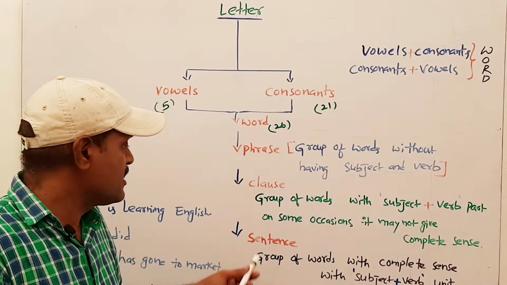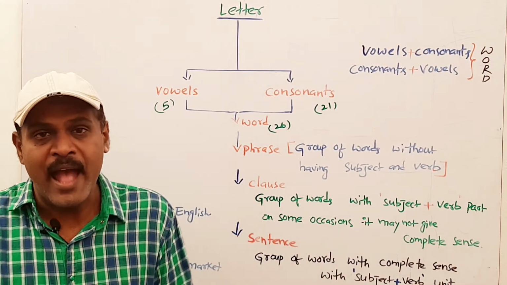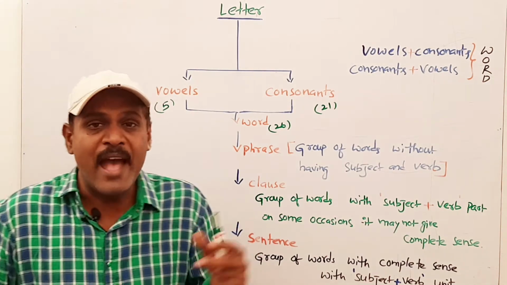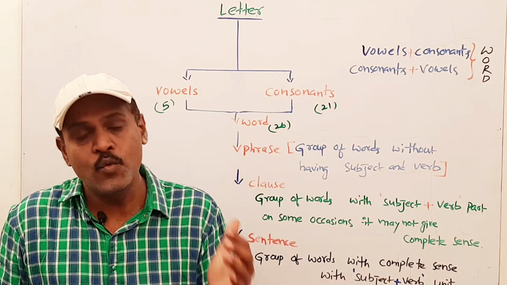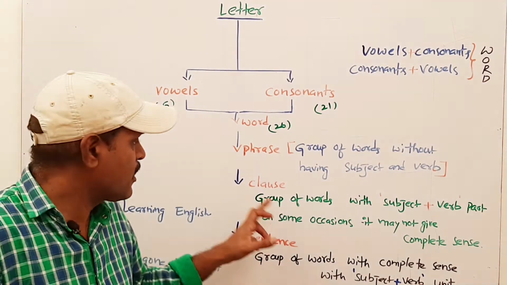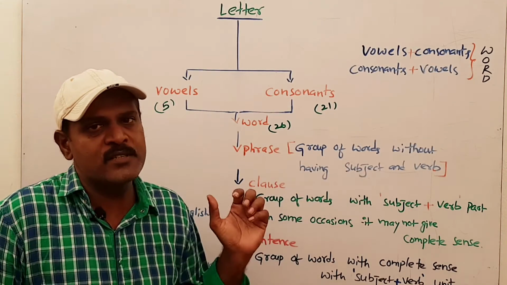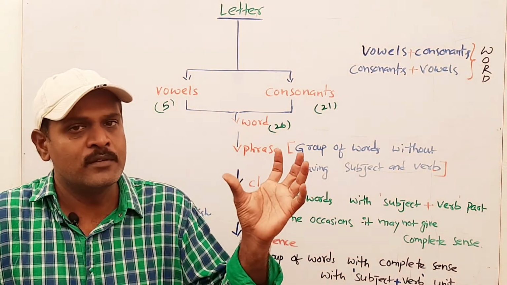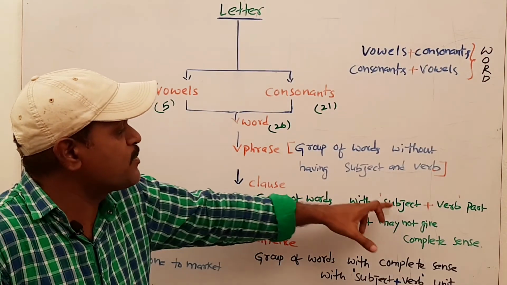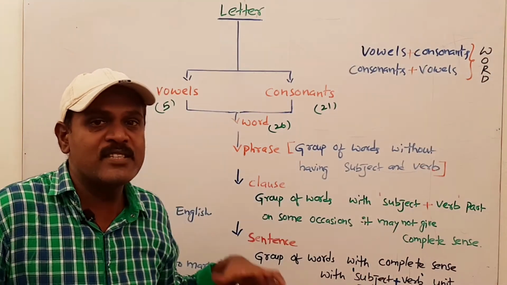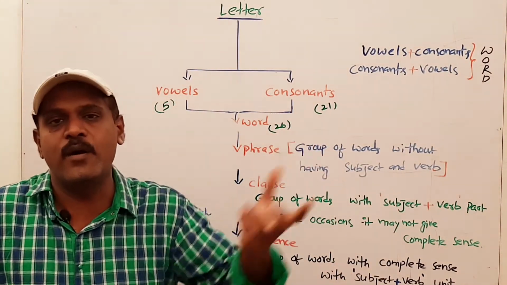The next one is the sentence. What is a sentence? It is a group of words that gives complete sense and has a subject plus verb unit. What is the difference between clause and sentence? Clauses are groups of words and sentences are also groups of words, and both have a subject plus verb part.